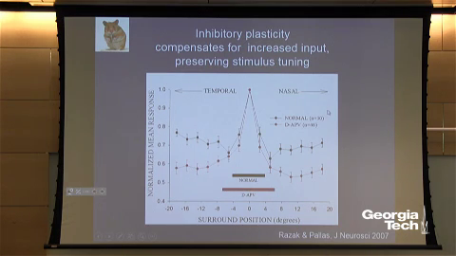Khalil Razak, who's now a tenured professor at UC Riverside, made some models of how this increased inhibition could fix the stimulus size and velocity tuning, and it worked out really nicely. So we're thinking that this change in inhibitory connectivity is a general means through which plasticity can occur that was previously unappreciated.